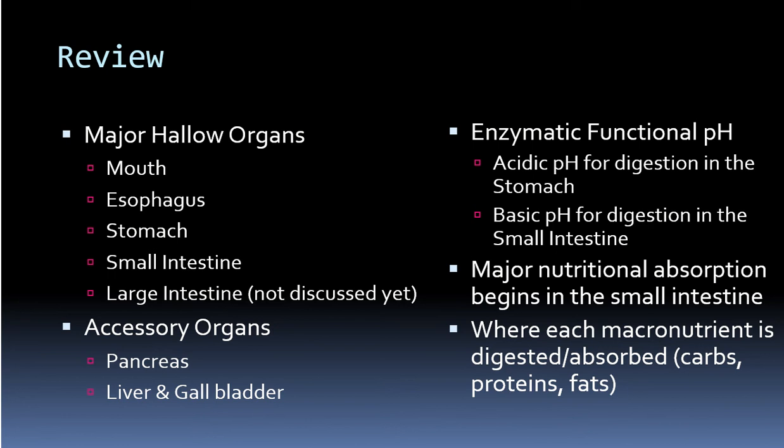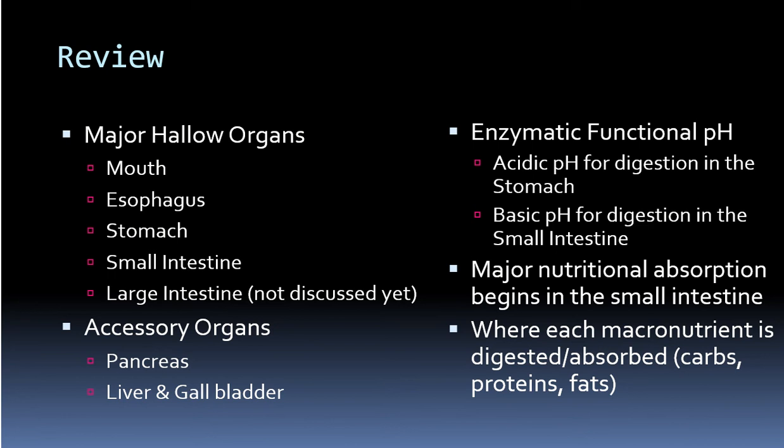Something to know is where each macronutrient, carbs, proteins, fats, is digested and absorbed. You can think of it as this: a little bit of carbohydrate, a little bit of starch in this case, gets digested in the mouth.